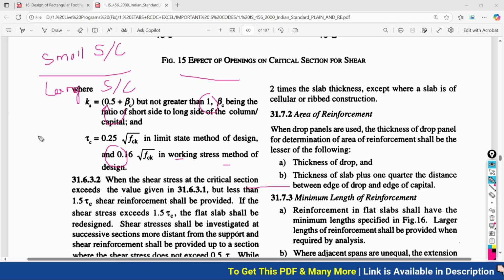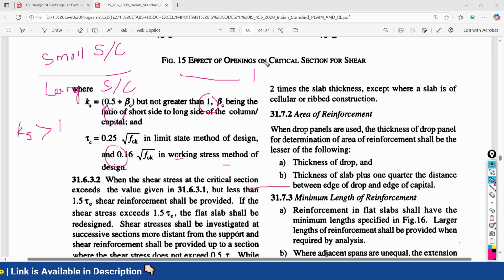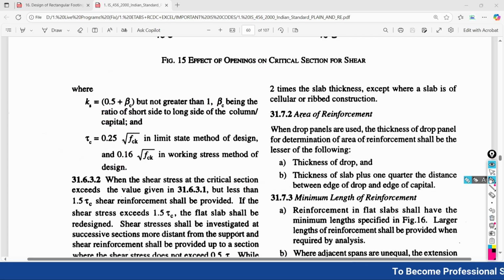If the value of Ks comes out to be more than 1, you are limited to take the value of Ks to a maximum of 1 only. And if the value of Ks comes out less than 1, then you have to carry the calculated value of Ks. Remember this point. It's very simple.